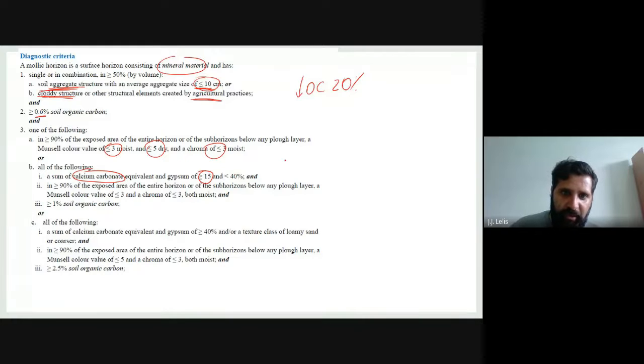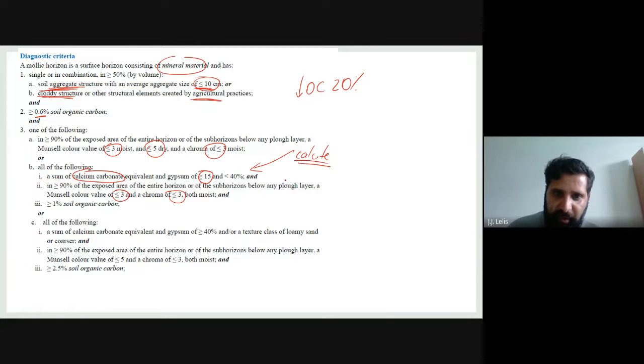So we can identify here some calcite minerals, okay? It should present, in the exposed area, the moist color of these materials, low value and low chroma, okay?